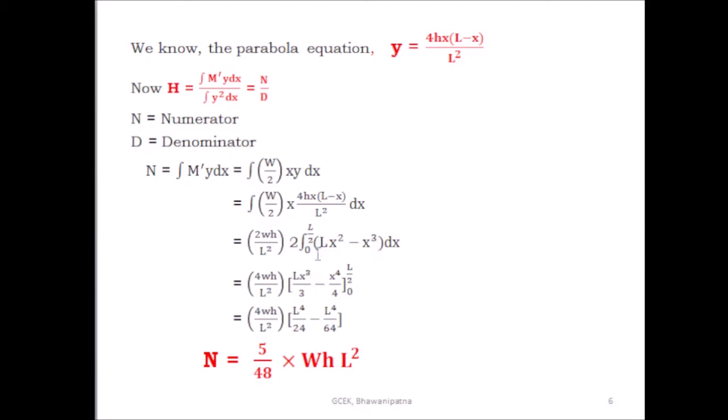After integrating this expression, we get the numerator 4Wh/L² [Lx³/3 − x⁴/4] with the integration limit 0 to L/2. After putting in the limits, 4Wh/L² [L⁴/24 − L⁴/64].